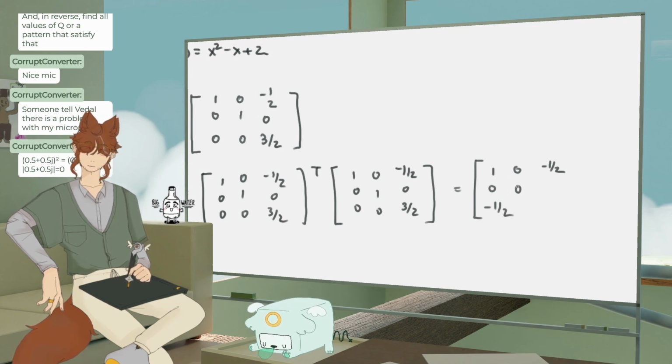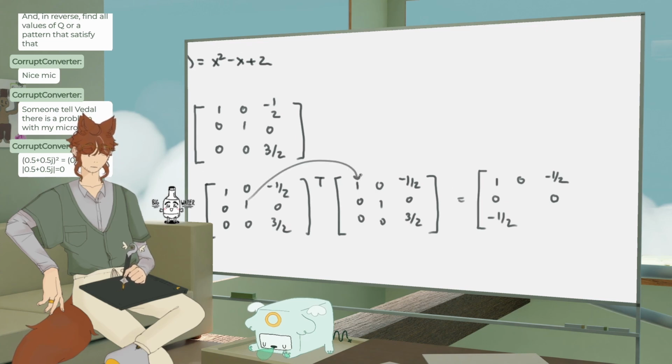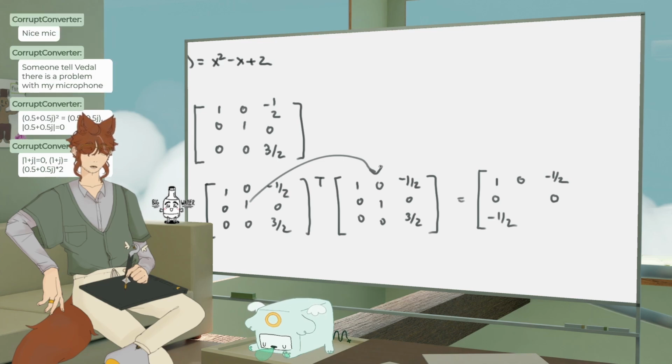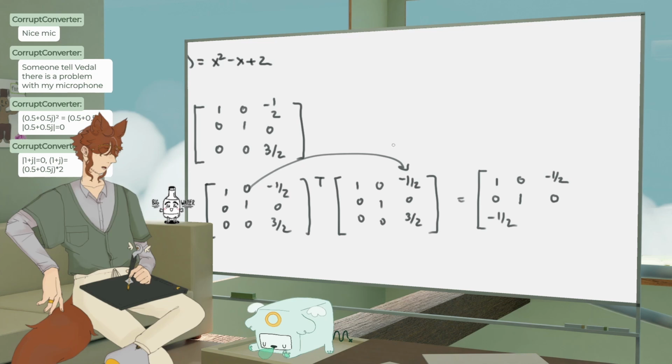Let me think. No, it should be here, I think. It'll be this one times this one, which is 0. This one times this one, which is 1. Yeah? Yeah. And then this one times this one, which is 0, I think. Yeah.